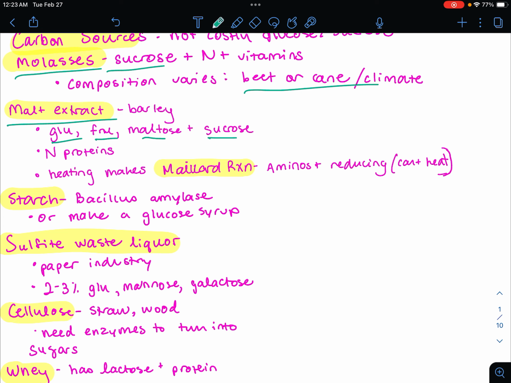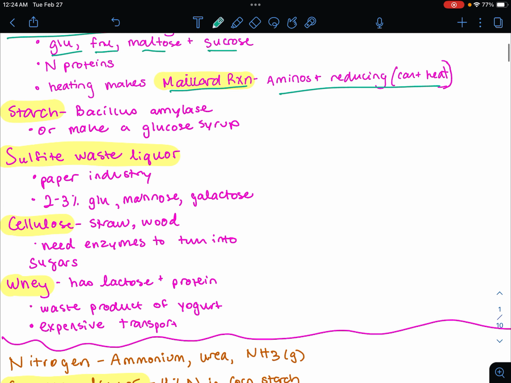Nitrogen will be from the proteins and the peptides, and when we're heating malt extract, this produces the Maillard reaction, creating products between the amino groups and the reducing sugars. You can't use that Maillard reaction product as a nutrient, so you can't really heat the malt extract.